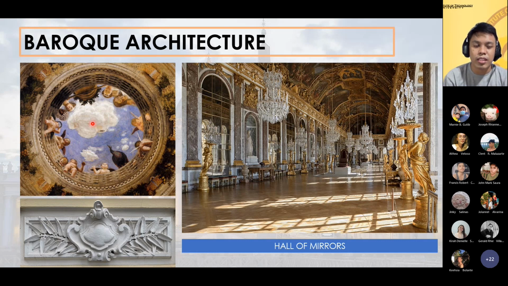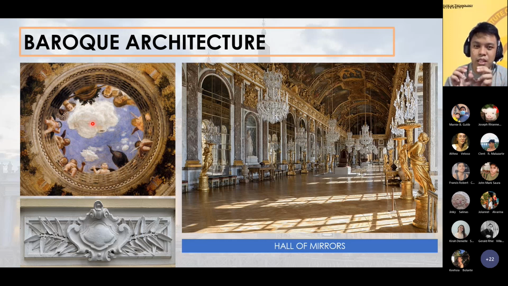Again, what's the difference between trompe l'oeil and fresco? The difference is in fresco, when you plaster your wall, of course your wall is still wet, right? Automatically or directly they applied paint on it. So the plaster is still wet, they put paint on it.